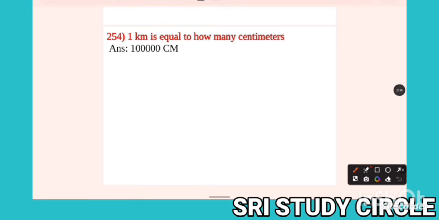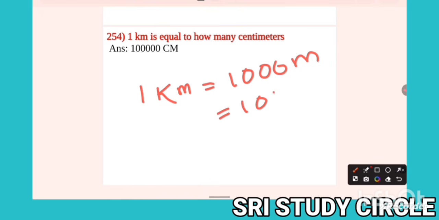1 kilometer is equal to how many centimeters? See here, 1 kilometer is equal to 1000 meters. Again here, 1 meter is equal to how many centimeters? 100 centimeters.